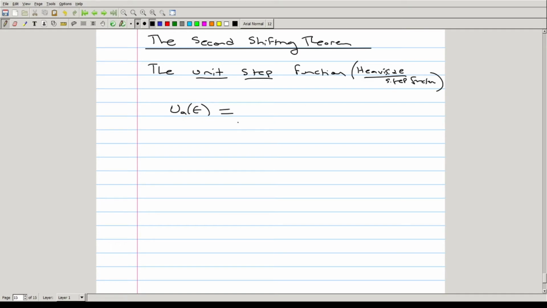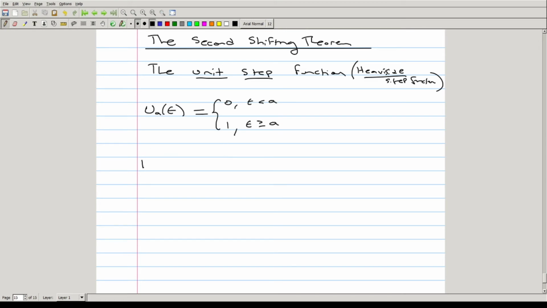is going to be equal to the piecewise function that's 0 when t is less than a, and 1 when t is greater than or equal to a. Or sorry, yeah, strictly less than a. It's 0 when t is strictly less than a.